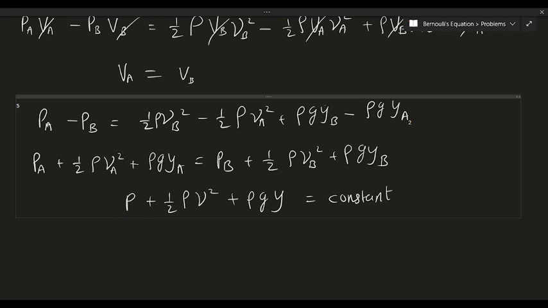It is quite against our normal experience or our intuition. We tend to think that wherever the flow speed is high, the pressure must be high there, or wherever the flow speed is low, the pressure must be low there. But this is not so. Wherever the flow speed is high, the pressure is low there, and wherever the flow speed is low, the pressure is high. So it is against our intuition.